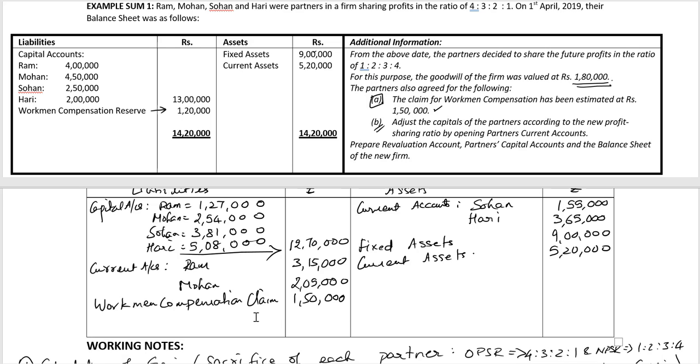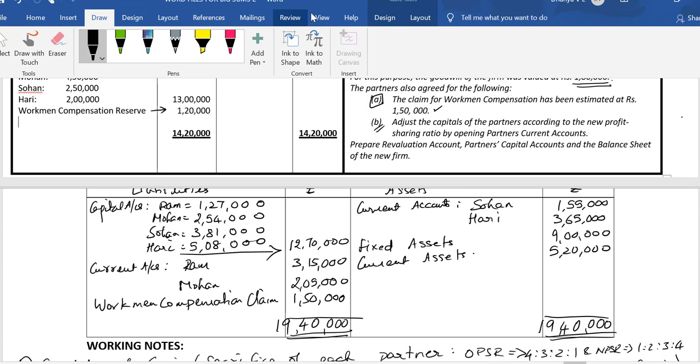So let's check if the balance sheet is tallying. 19,40,000 on the liabilities side, and 19,40,000 on the assets side. I'll remove the split and we can view the ledger accounts and the balance sheet.